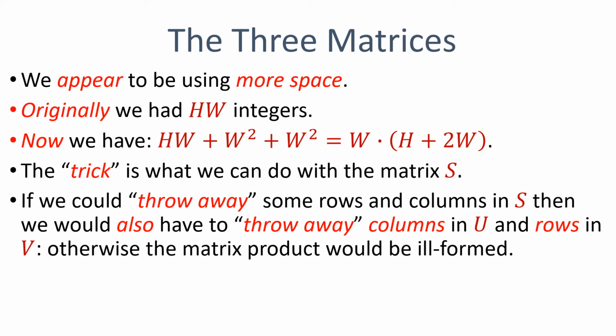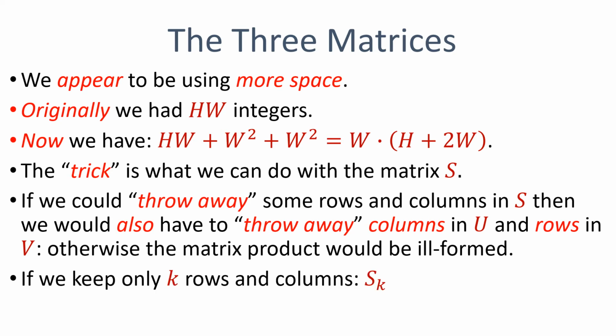And the reason for that is if we didn't do that, our matrix product wouldn't be possible. It would be ill-defined. The number of columns in a matrix that we're multiplying by another matrix has to be exactly the same as the number of rows in the matrix we are multiplying by.